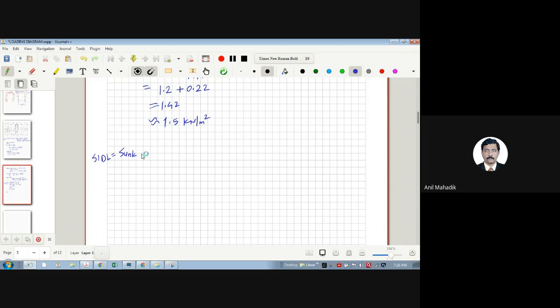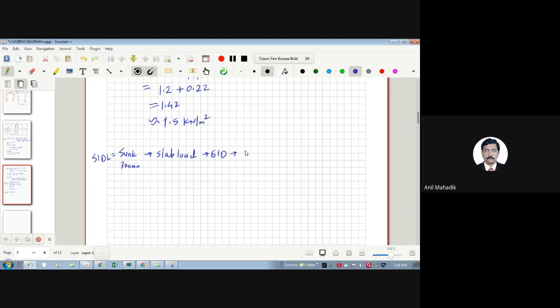So sunk is, let's say, 300 mm. So what will be the slab load in sunk area? The SIDL.